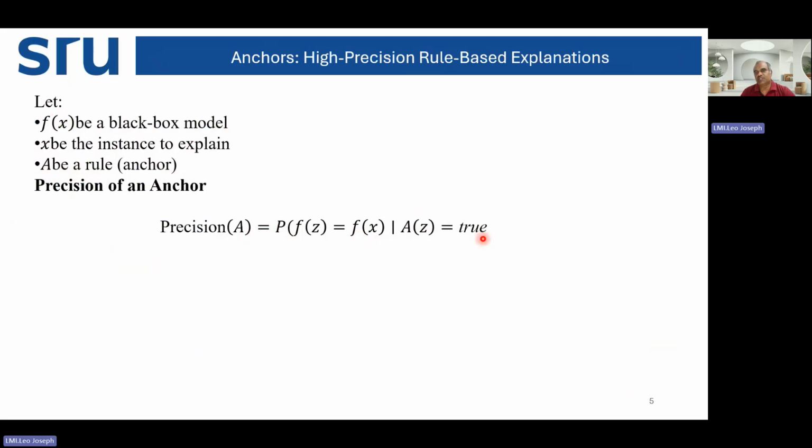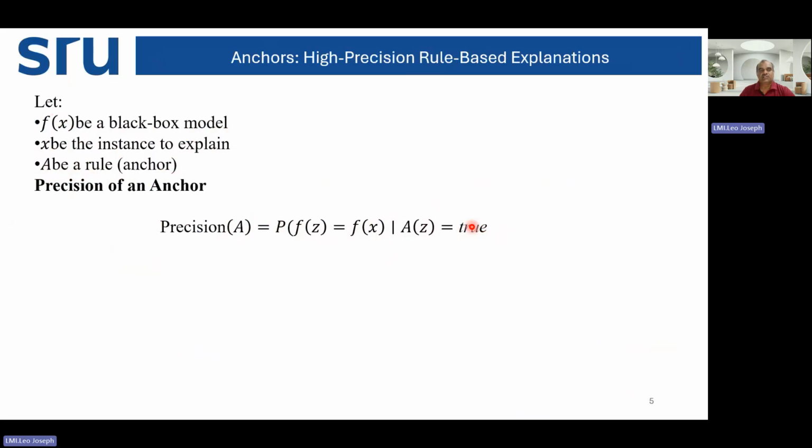That is, the probability of getting the black box model result and the anchoring model result, both should be the same along with the rule. The rule should also get satisfied. If all three work together, then the precision will be high. That is true. This is the concept.